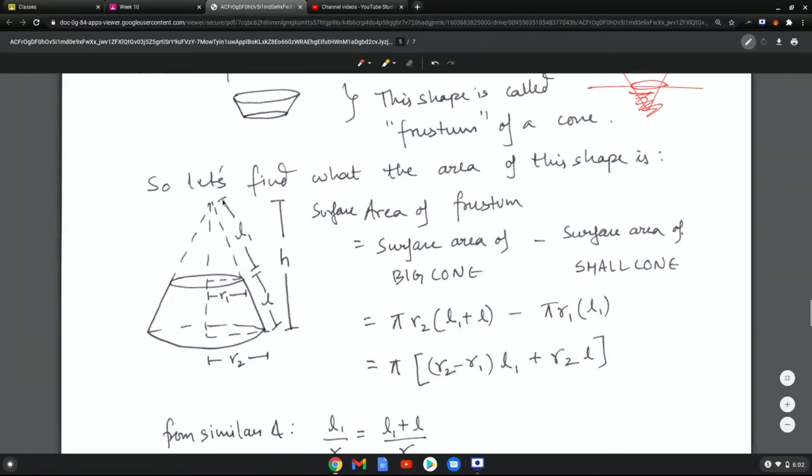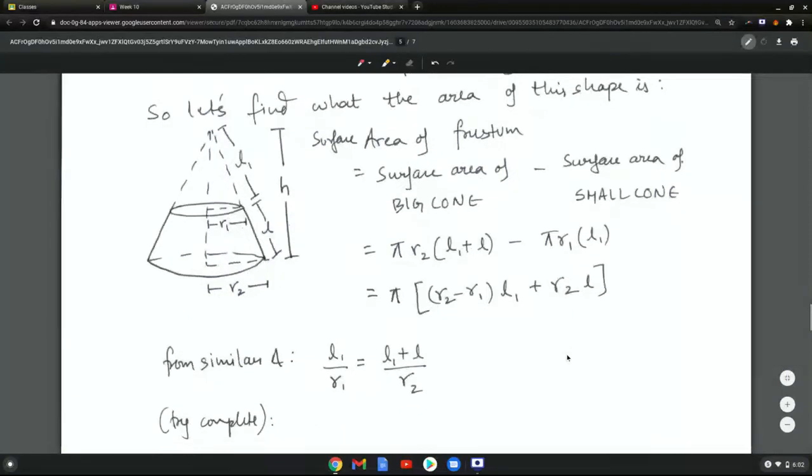Let the part above the frustum be L1, and then the overall height be h. The area of the frustum is going to be the surface area of the big cone minus the surface area of the small cone, which is the dashed line. We saw that the surface area of a cone is pi r L. So this is pi r2 (L1 plus L) minus pi r1 L1, or pi ((r2 minus r1) L1 plus r2 L).